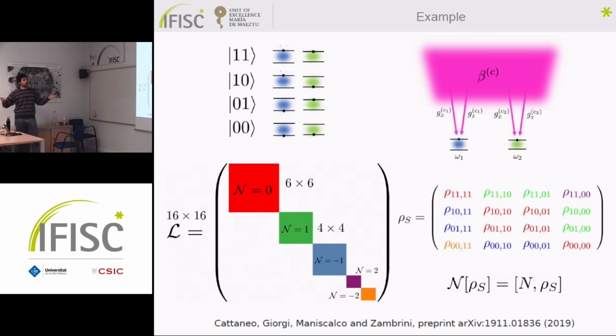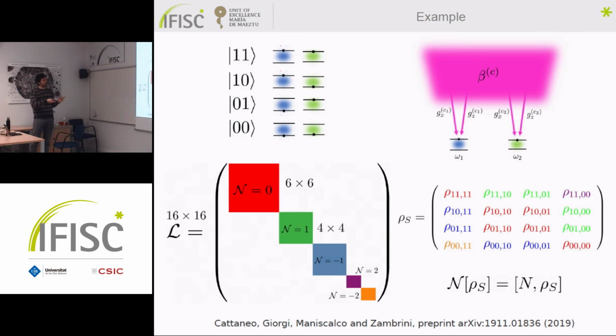But you see that when you have, I don't know, 20 qubits, the Liouvillian superoperator will be something totally impossible to write. Something huge. But in this way, we can find some blocks which are treatable.